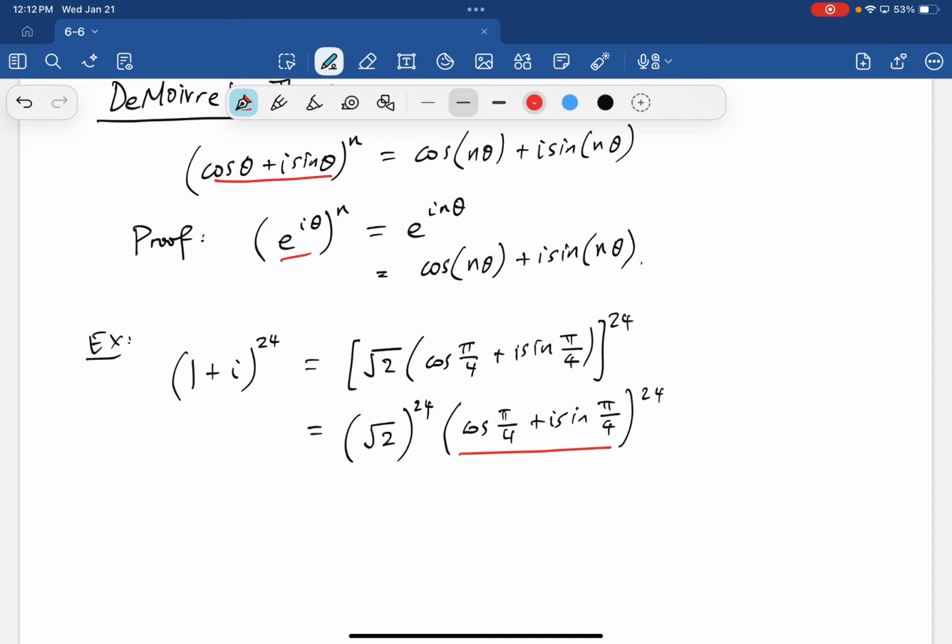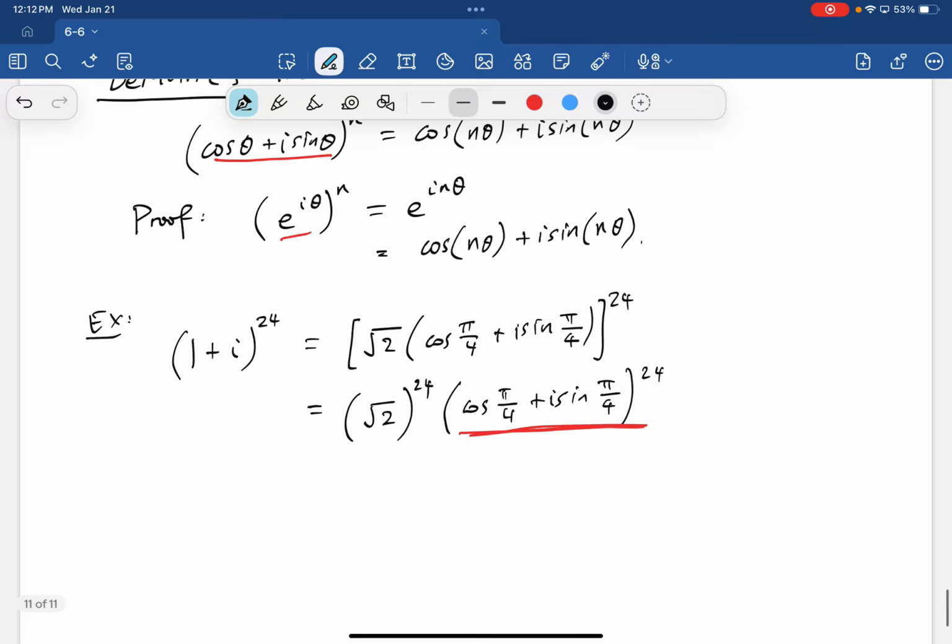Now you can apply DeMoivre's theorem, because you have a cosine theta plus i sine to the power of something. That exponent distributes to the angles, which lets you multiply the angles by that factor. So what you get is 2 to the power of 12 times cosine 6 pi plus i sine 6 pi, because pi over 4 times 24 is 6 pi.